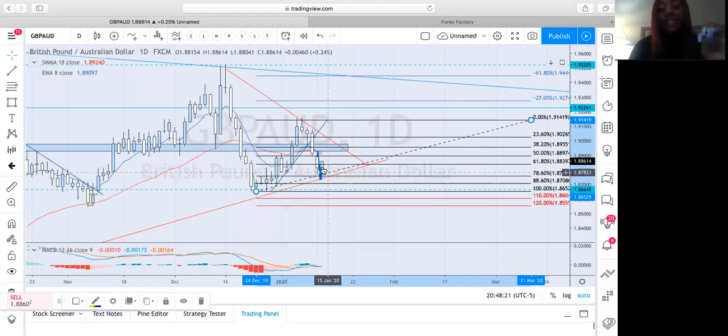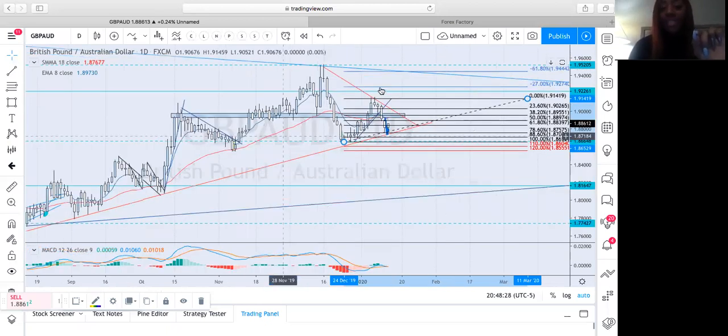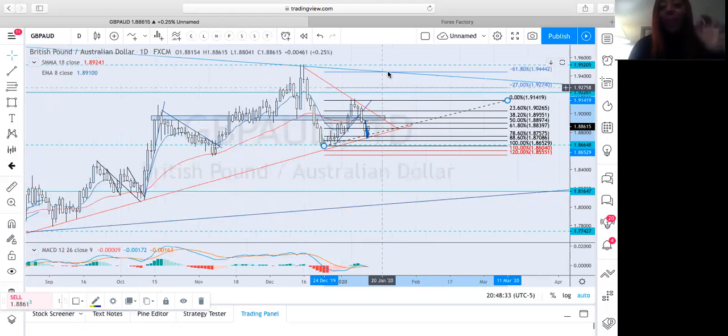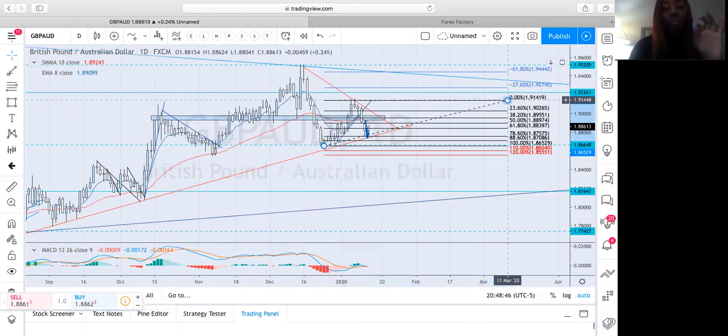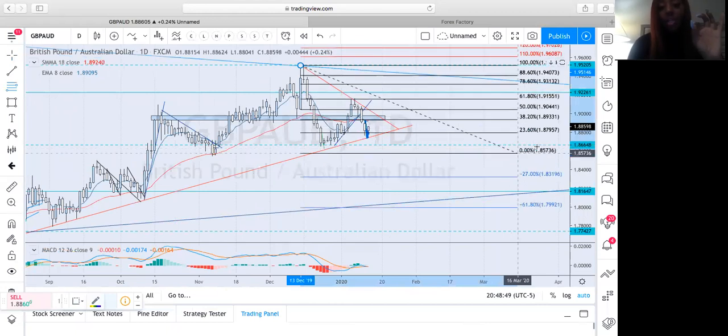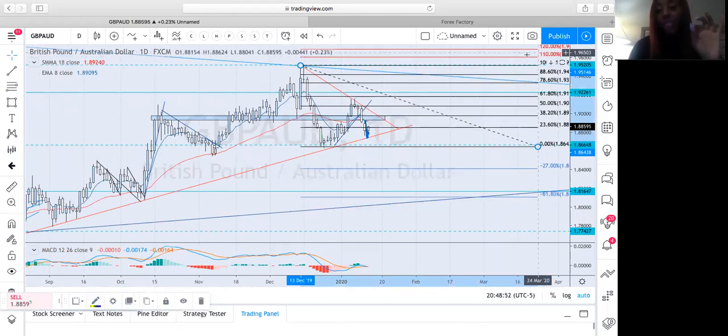If it is tested, this A to B structure can pull up here to this -27 and potentially this 61.8. But I want you to remember that structure will still be respected if it pulled up to that point, because on the higher time frame, structure isn't broken unless it surpasses into this red zone.